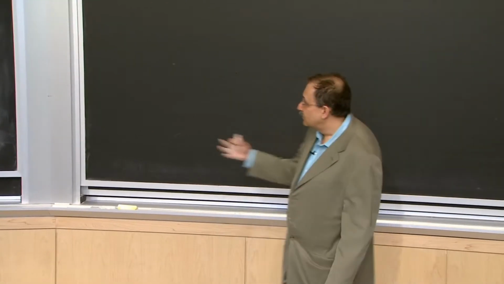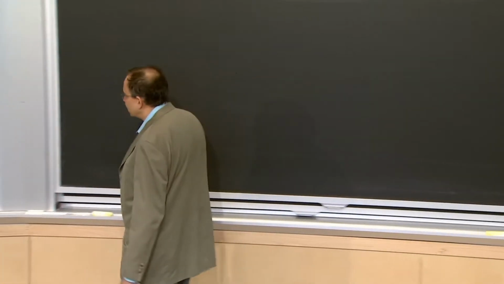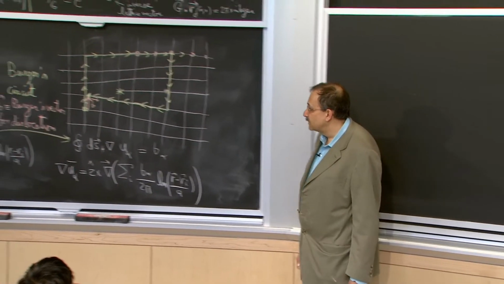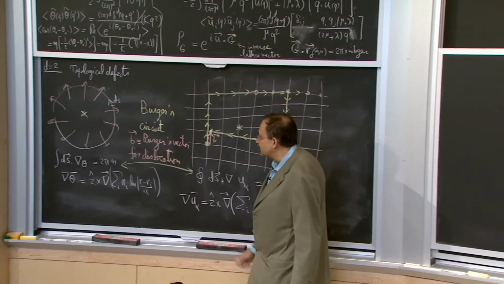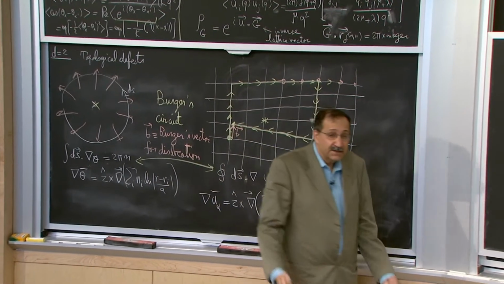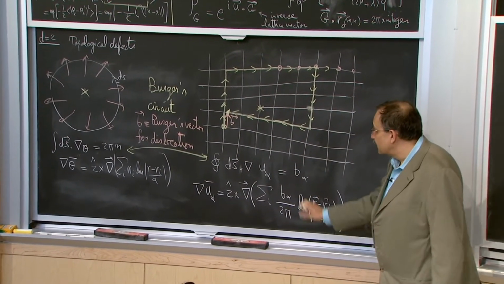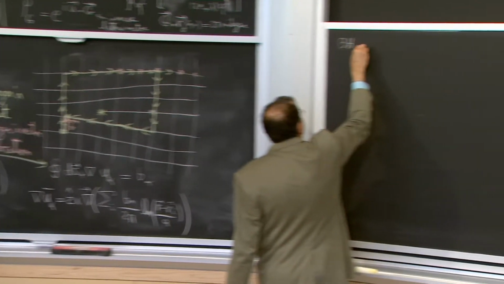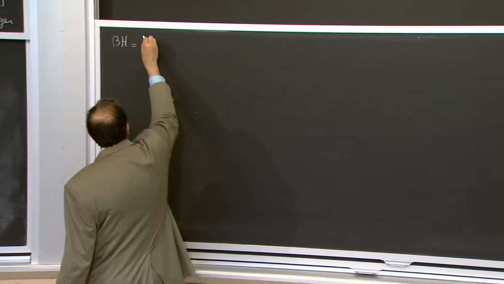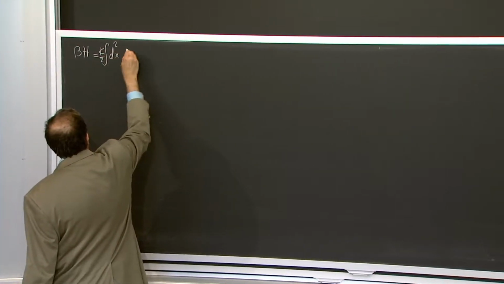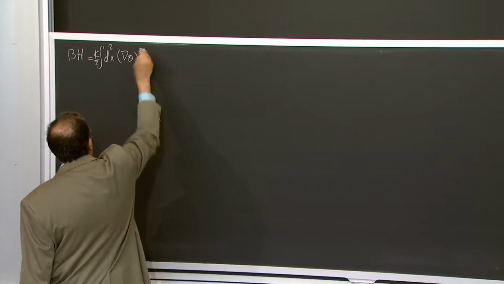So then what we did for the case of the overall system, in order to find how the different topological defects interact with each other, was to calculate beta h, which was an integral of gradient of theta squared.